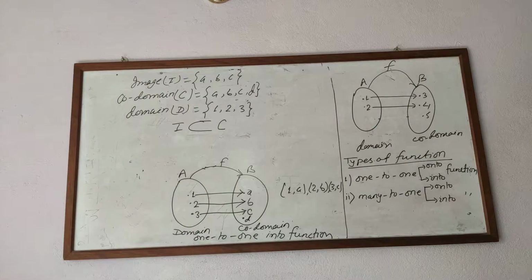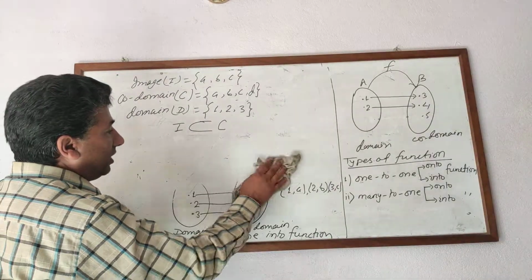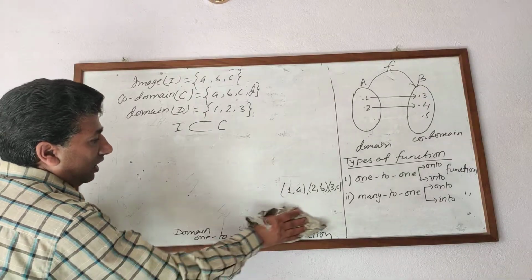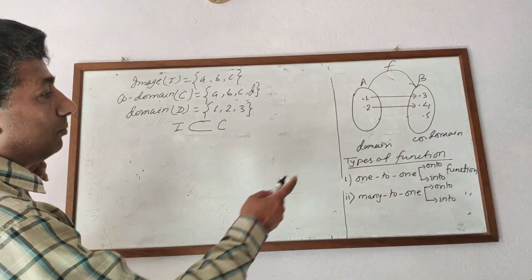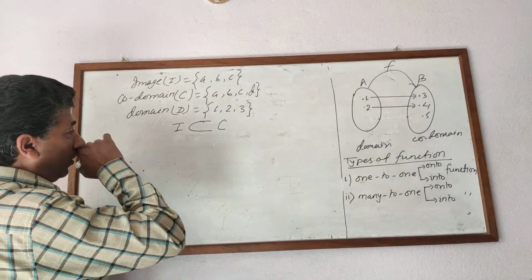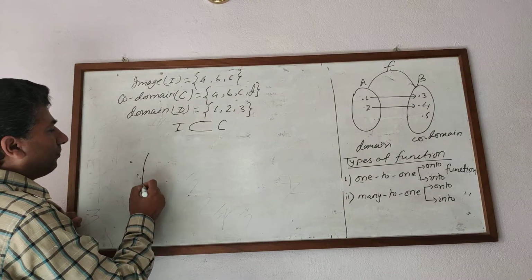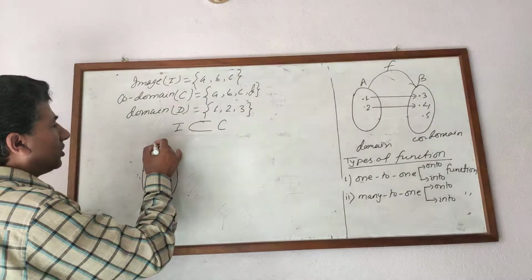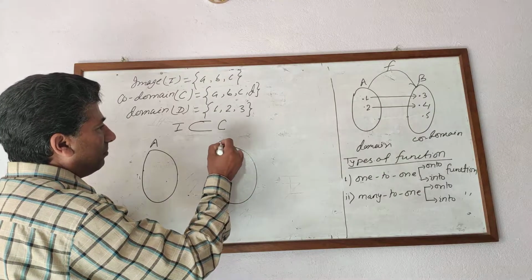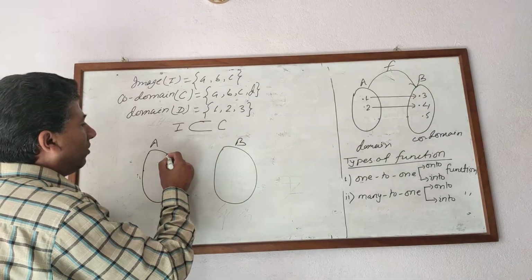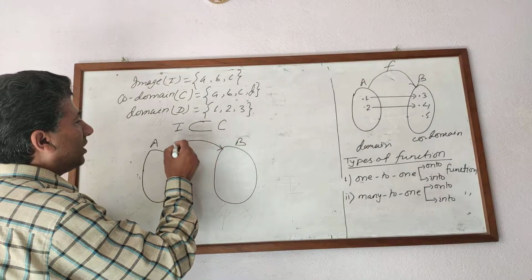First, I'll rub this one. Now, many to one, onto, into. Suppose there is set A and there is set B. Okay, I write here function f.